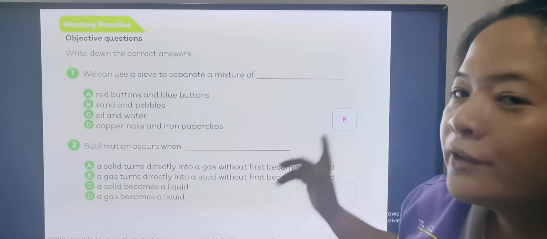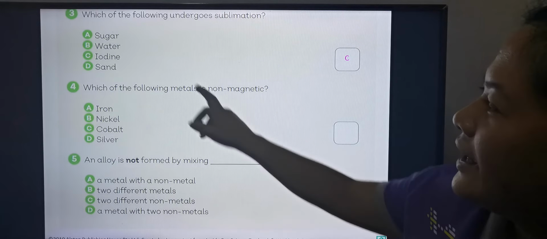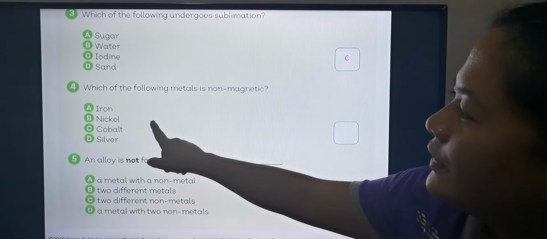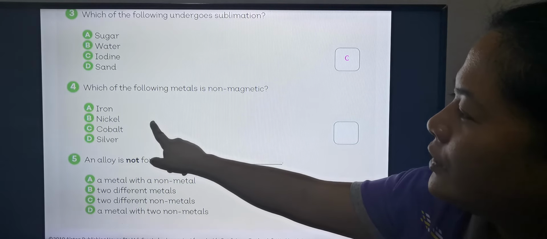Number 2, sublimation occurs when. Sublimation is the process when a solid turns directly into gas. So the answer for number 2 is letter A. Number 3, which of the following undergoes sublimation? We have iodine. Number 4, which of the following metals is non-magnetic?